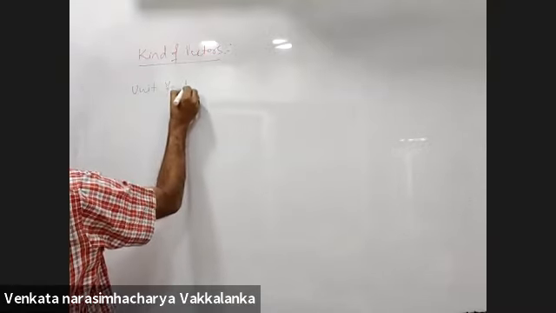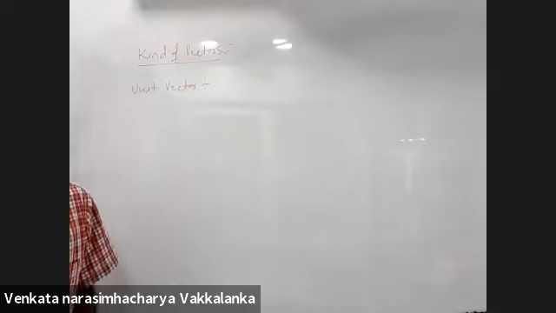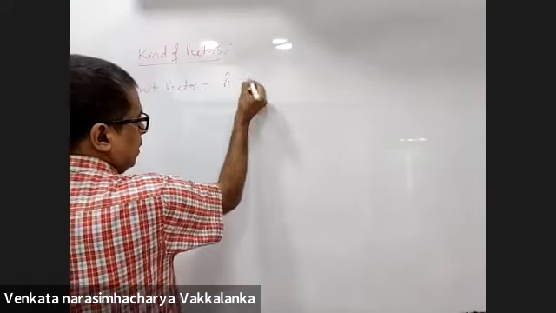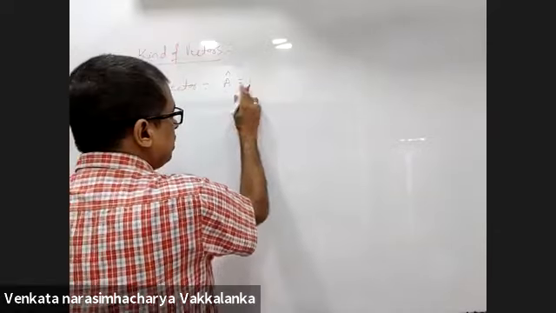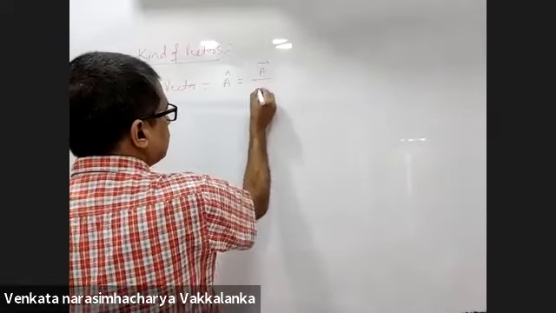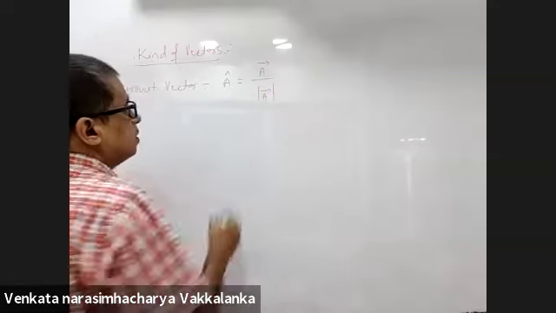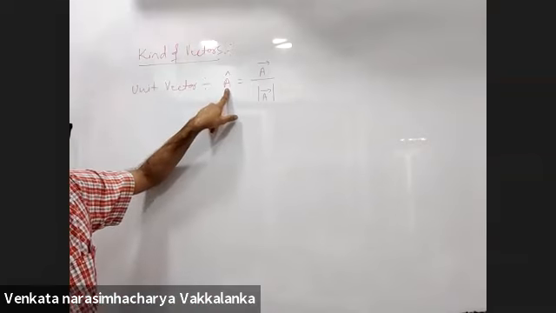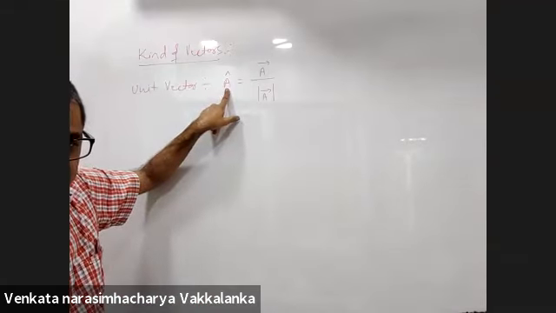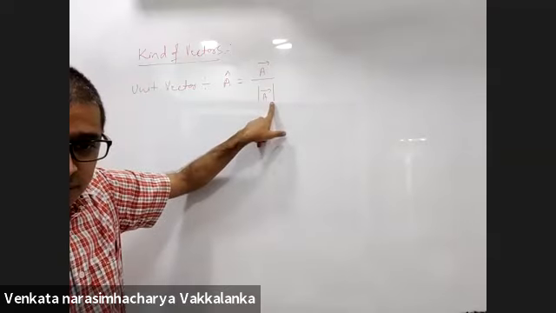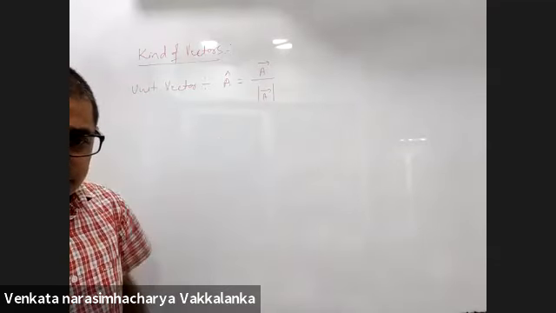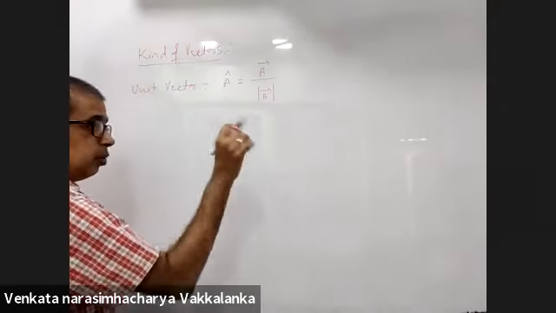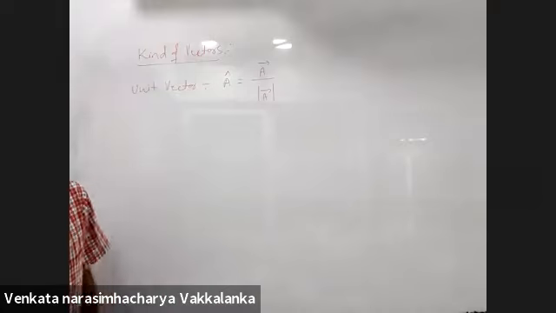This is something that we learned in the last class. You will represent a unit vector with a cap. It has unit magnitude. That means a vector divided by magnitude, I am left with direction. So a unit vector is a vector with unit magnitude and direction.